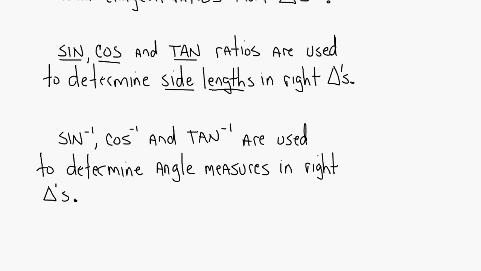Real important that you understand the difference, all right? That sine -1, cosine -1, and tangent -1 are for angle measures, okay? And that the regular sine, cosine, and tangent are used for side lengths.